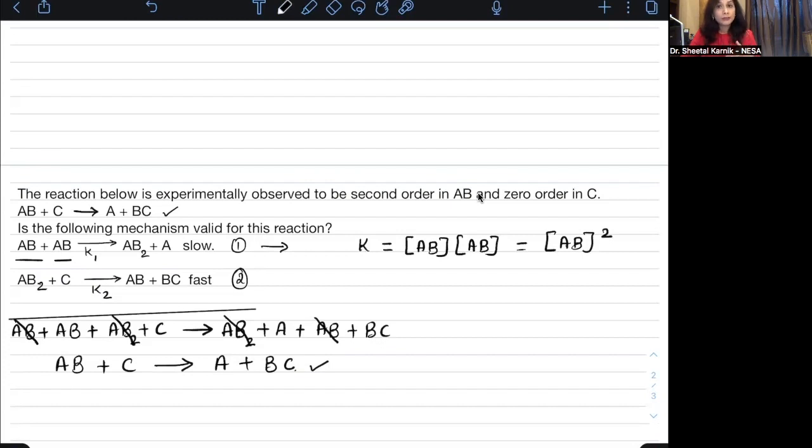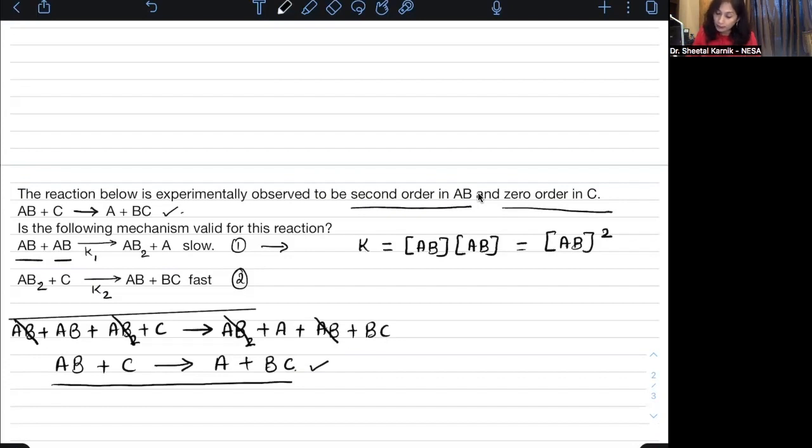Now we want to see if this rate law is equal to the experimentally observed rate law for the overall chemical equation. So here I'm going to write down for this chemical equation that it is second order in AB and zero order in C. That was the experimental observation.